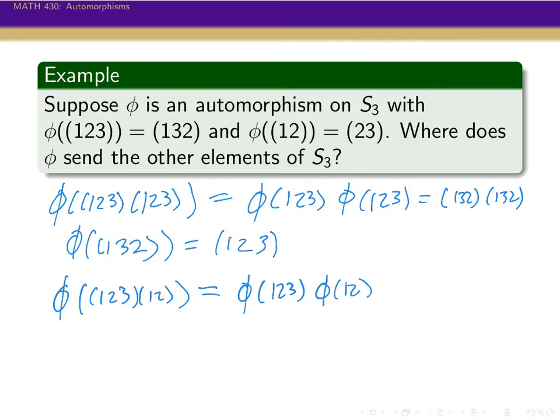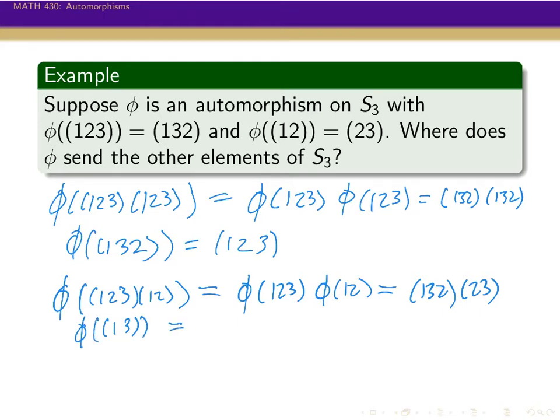And phi of (1 2 3) was (1 3 2). Phi of (1 2), we're saying is (2 3). Okay, so let's finish figuring this out. So 1 goes to 2 and 2 goes to 3. And then 3 goes back to 1, and so that closes off that cycle. And so really here we're figuring out phi of (1 3).